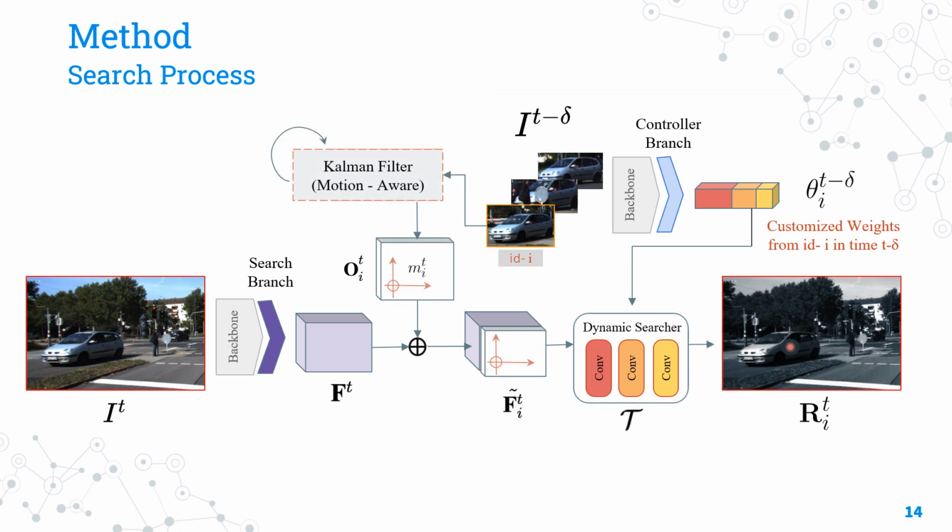Also, we obtain the predicted location M of the object from the Kalman filter, and the location M is encoded in the motion map O. Then, we combine motion map O and the search feature map F to give us the motion-aware feature map F tilde.